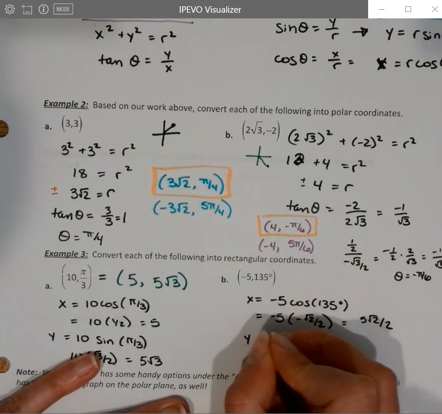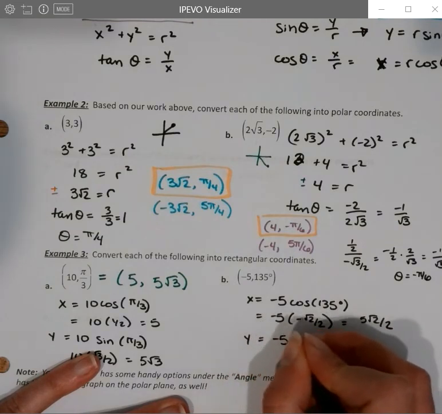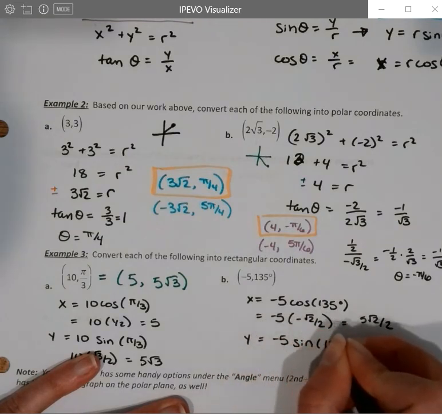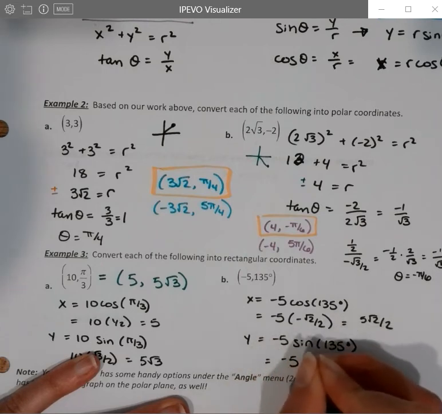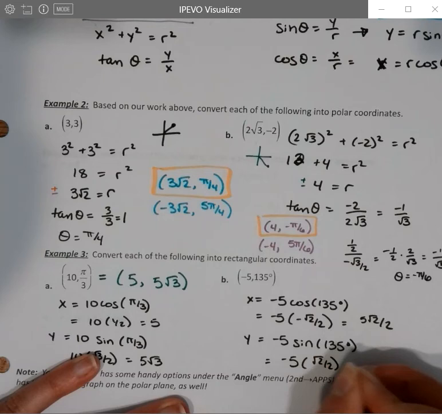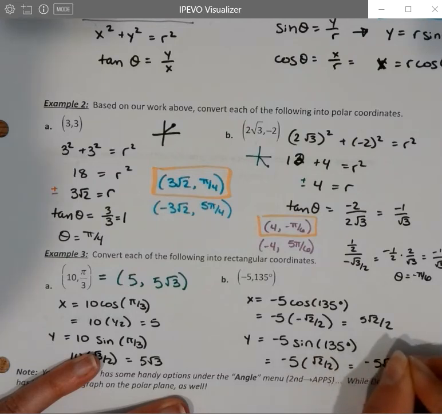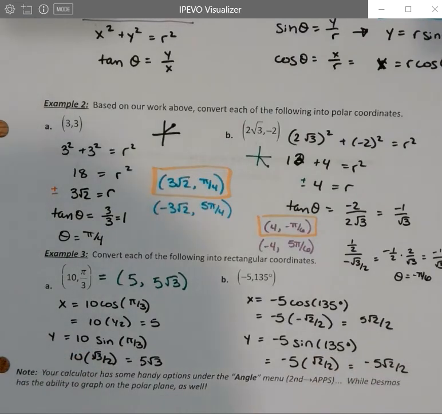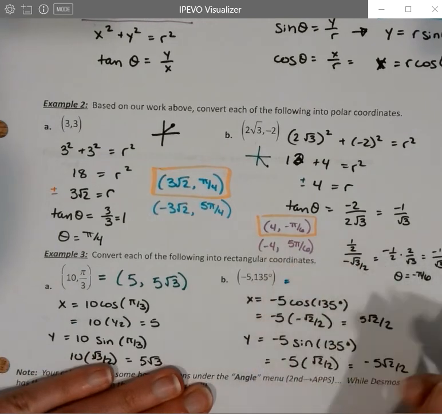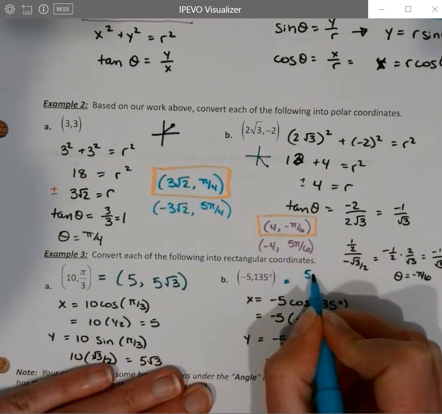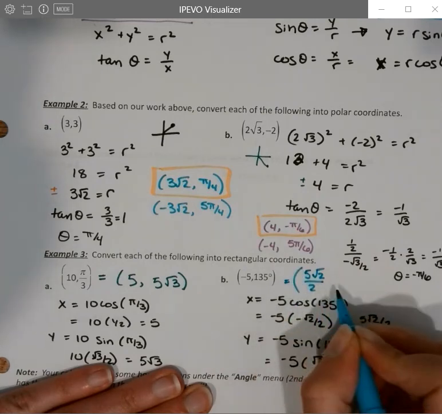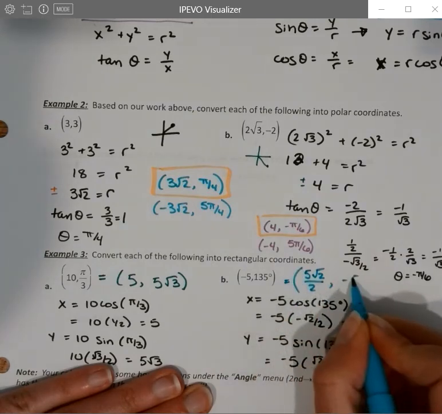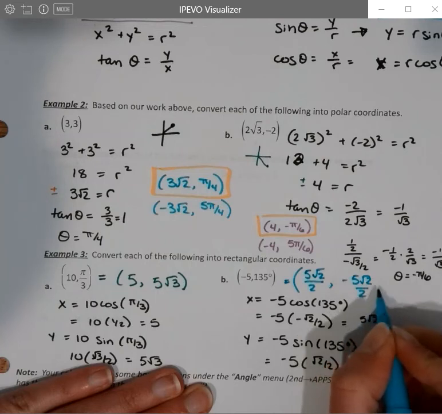For the y coordinate, -5 times the sine of 135 degrees is -5 times a positive square root of 2 over 2, so -5 square root of 2 over 2. And so this ordered pair in rectangular is (5 square root of 2 over 2, -5 square root of 2 over 2).